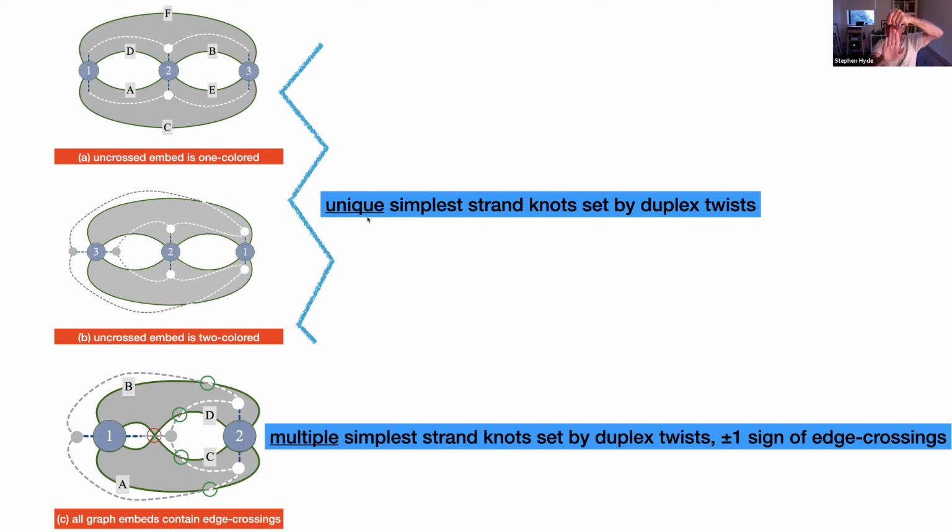Okay, so I'm talking about the simplest embeddings, which are the embeddings which minimize the number of edge crossings in the embedding of the polarized strand graph. So if I have an A or B fold which has no crossings, that simplest embedding gives me a unique knot. If I have a C-type fold, I'm going to get multiple knots due to the edge crossing.